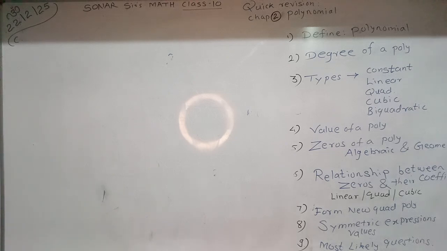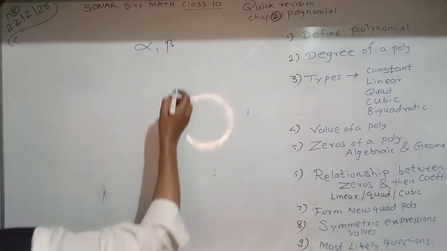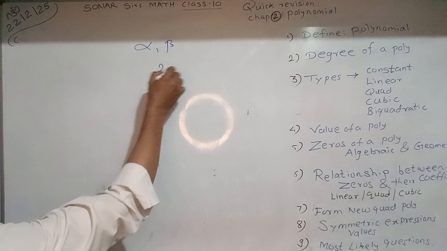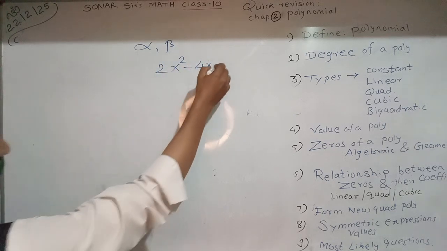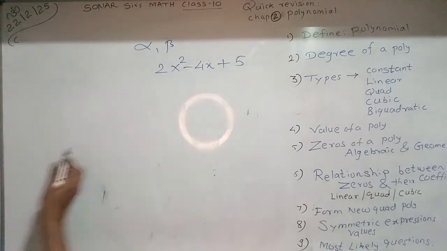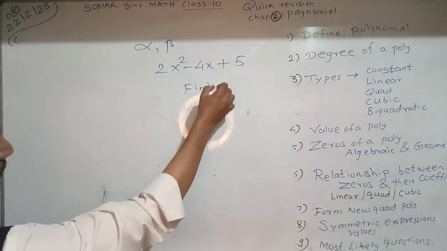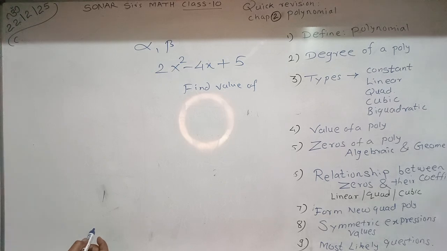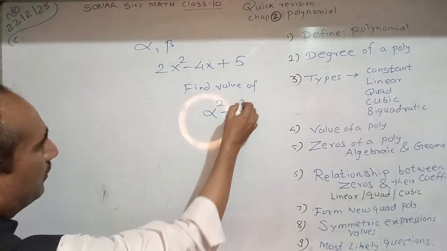If alpha and beta are the zeros of a polynomial, and the polynomial is 2x square minus 4x plus 5, then find the value of the following. The first value is alpha square plus beta square.